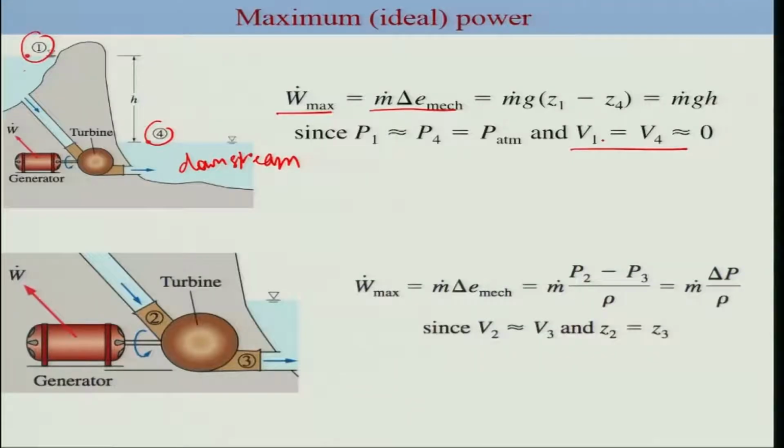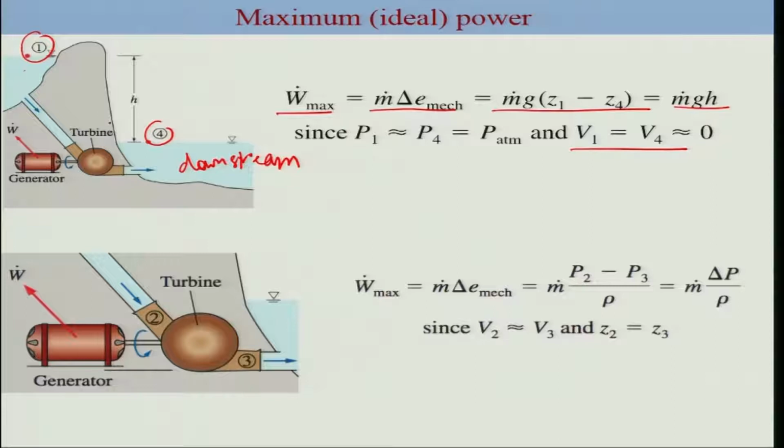Now what about the velocity? Both reservoirs are not flowing, so we consider them stationary, which means V1 should be the same as V4. So in that case your delta E mech should be simply the change in elevation, m dot g delta Z. Okay, and hence it is simply the change in elevation of the two reservoirs.